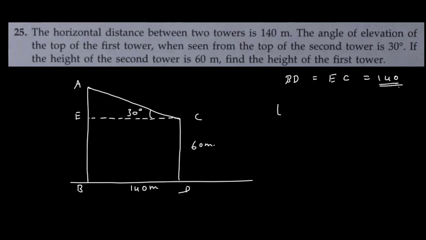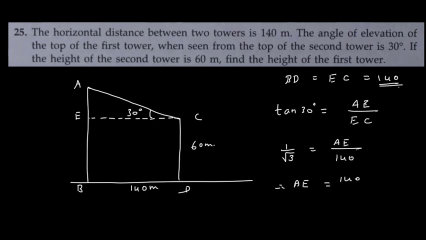Now when you apply tan of 30 degree, tan 30 degree will give you AE upon EC. So tan 30 is 1 upon root 3. This is equal to AE upon EC. The value of EC is 140. So therefore AE, we say that it is 140 upon root 3.